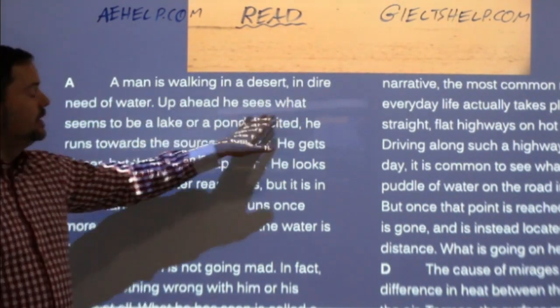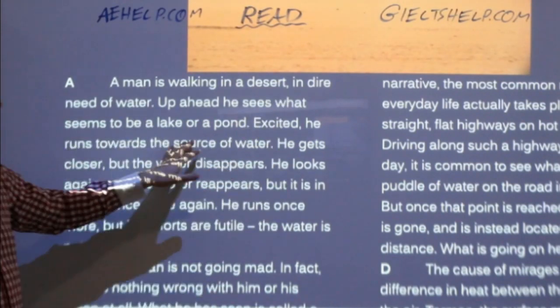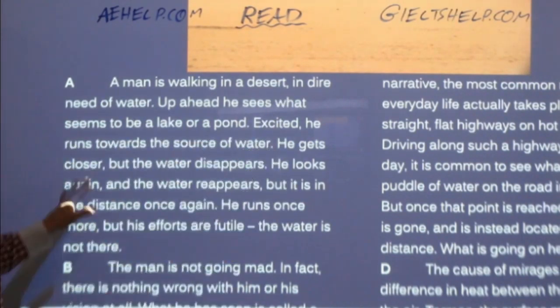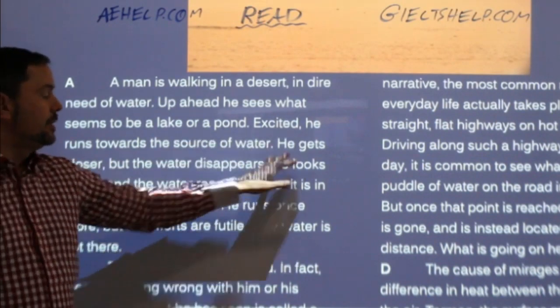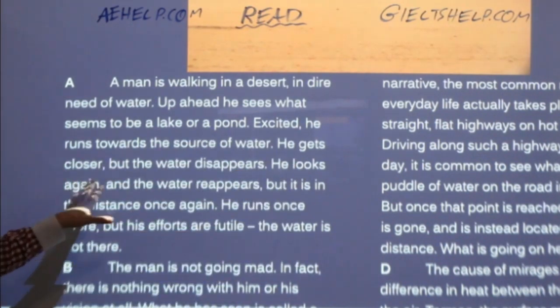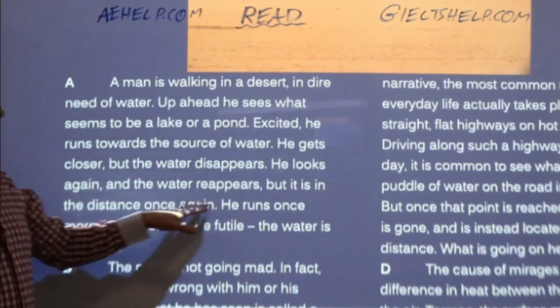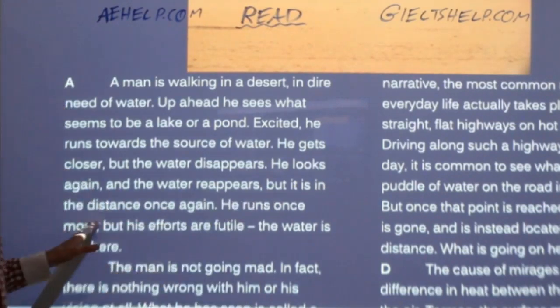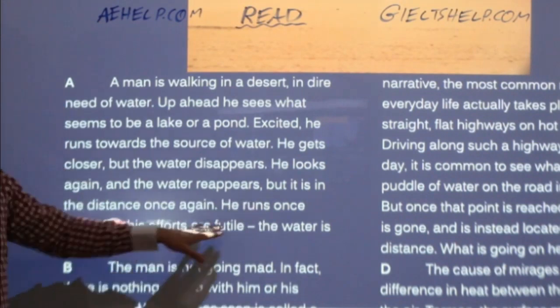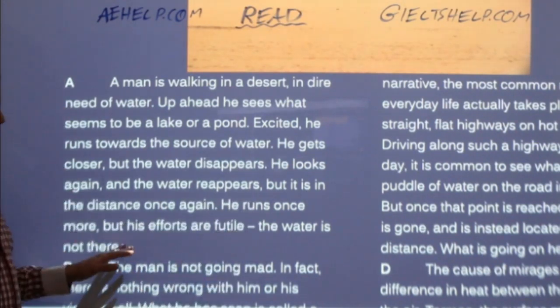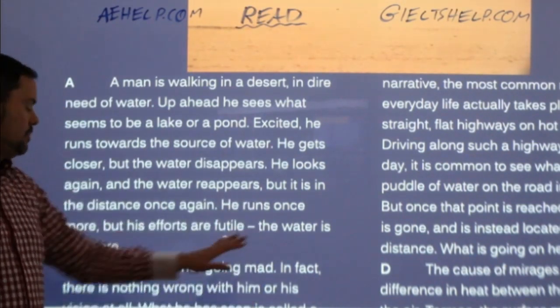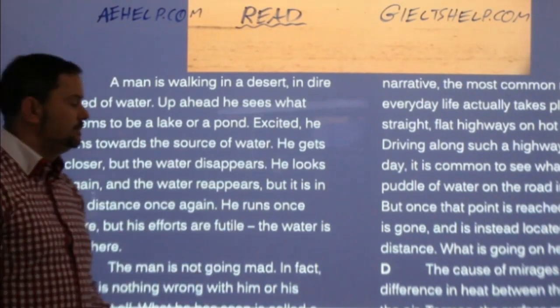Up ahead, he sees what seems to be a lake or a pond. Excited, he runs towards the source of water. He gets closer, but the water disappears. He looks again, and the water reappears. But it is in the distance once again. He runs once more, but his efforts are futile. The water is not there.